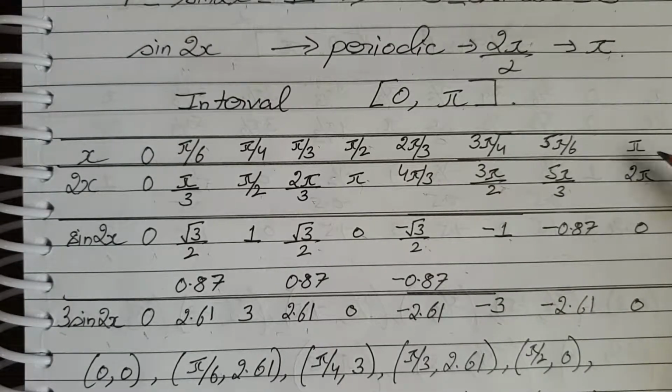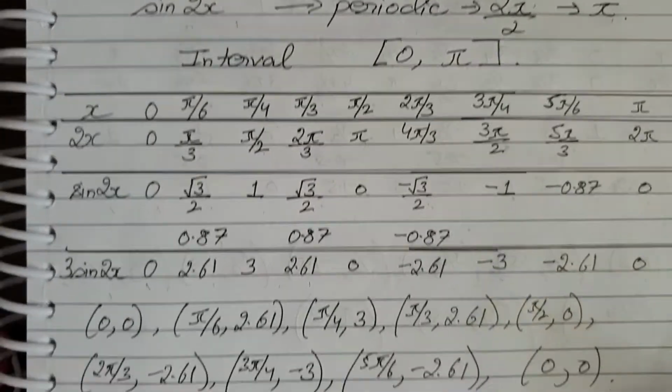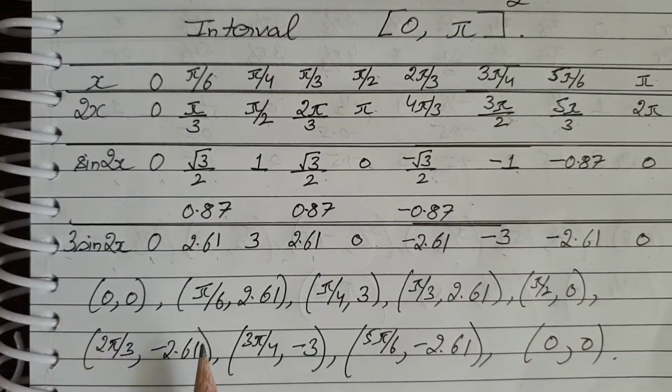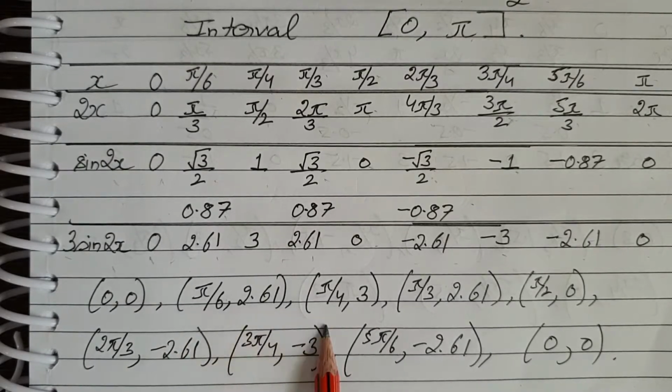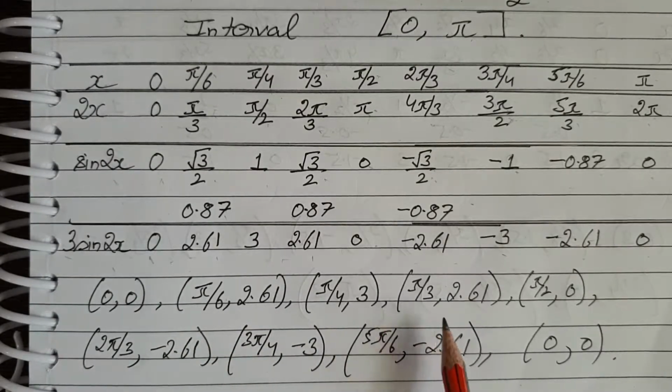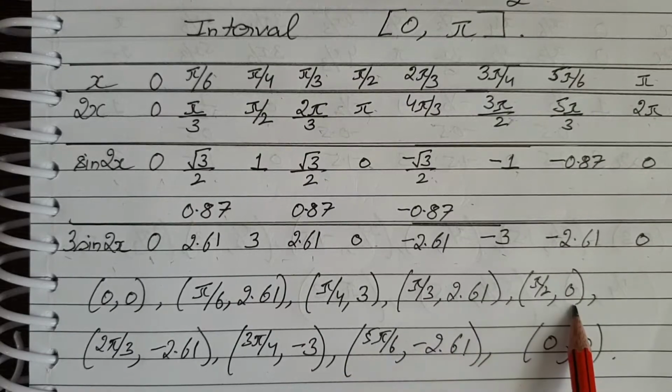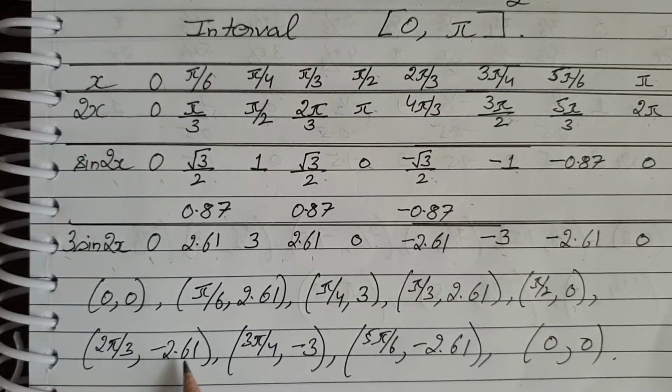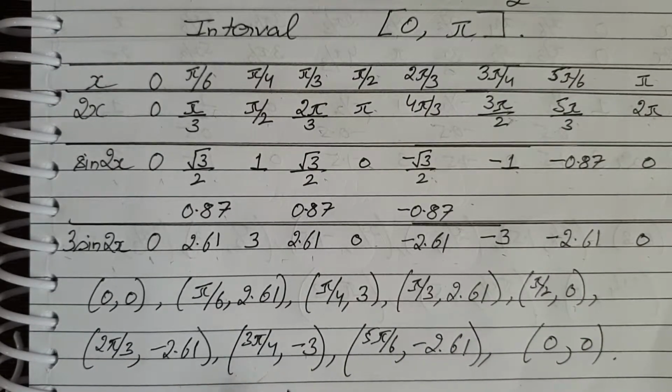Then pi, which becomes 2 pi, sine 2 pi is 0, 3 times is 0. So these are the coordinates: 0 comma 0, pi by 6 comma 2.61, pi by 4 comma 3, pi by 3 comma 2.61, pi by 2 comma 0, 2 pi by 3 comma minus 2.61, 3 pi by 4 comma minus 3, 5 pi by 6 comma minus 2.61, pi comma 0.